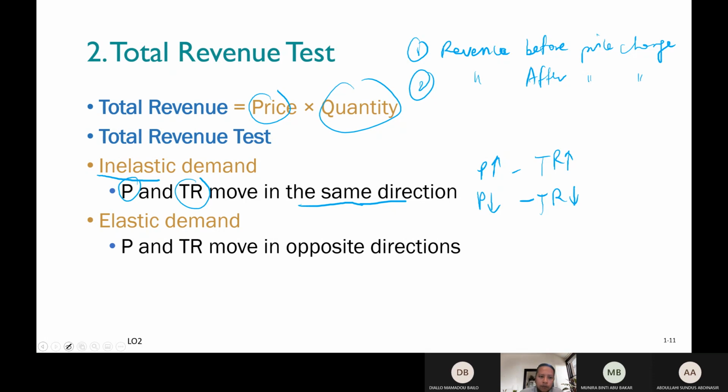Okay, if it moves in the opposite direction, price increases so total revenue decreases, price decreases, total revenue increases, this is basically elastic demand.